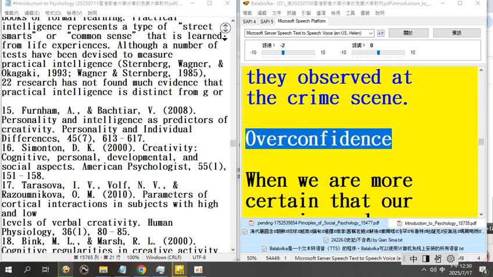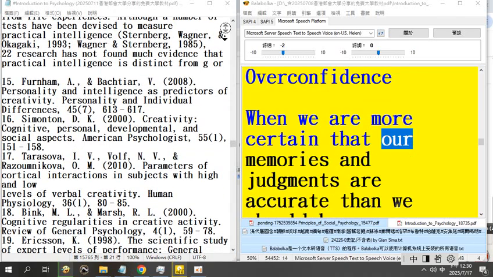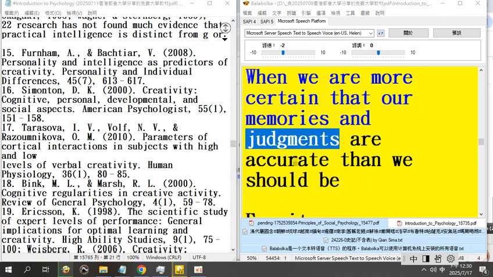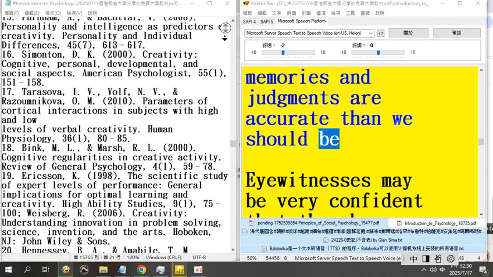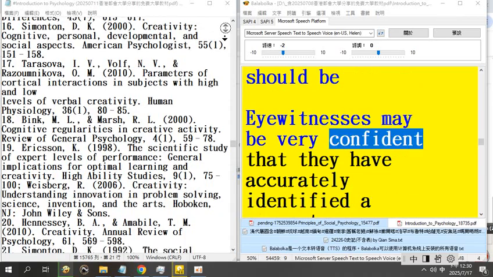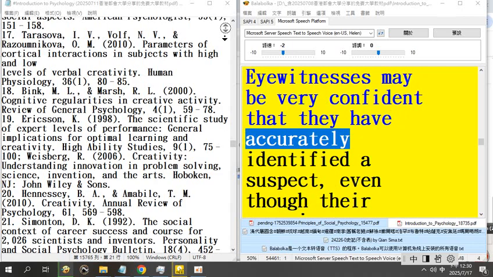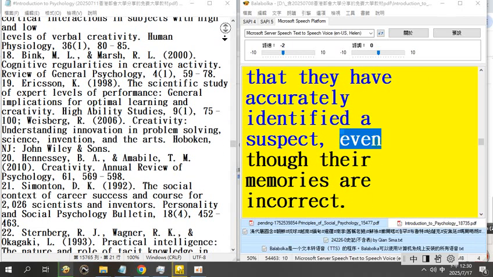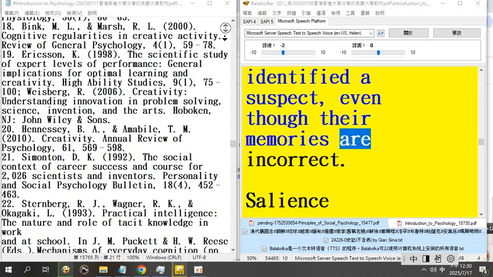Overconfidence: when we are more certain that our memories and judgments are accurate than we should be. Eyewitnesses may be very confident that they have accurately identified a suspect, even though their memories are incorrect.